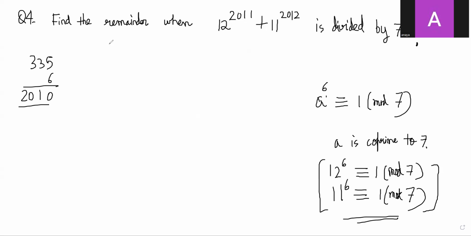So if you raise it to the 335 power, 12 to the 2010 is congruent to 1 mod 7. So 12 to the 2011 would be 12 mod 7, which is 5 mod 7.